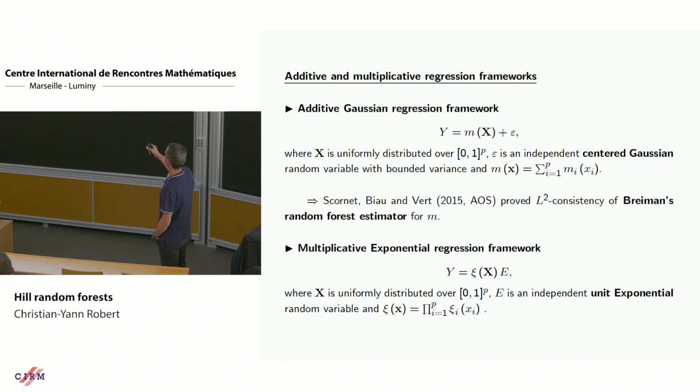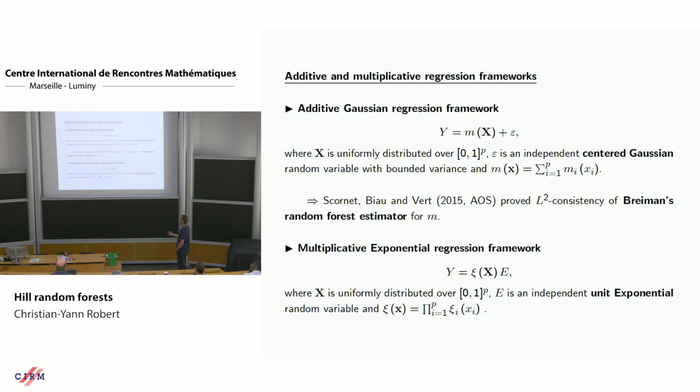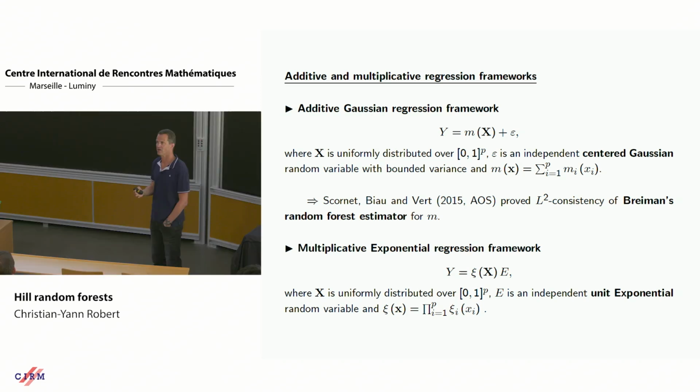Here we do not consider the same framework, of course, because we know that we do not have a Gaussian random variable. Actually, the best thing we can do is to approximate by an exponential random variable. So what we want to estimate, asymptotically, as the threshold tends to infinity, is an exponential model. That is, we will write y as an exponential random variable multiplied by this unknown function xi of x.